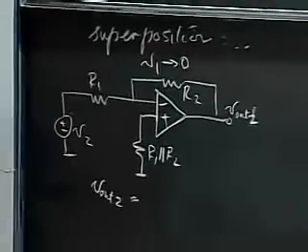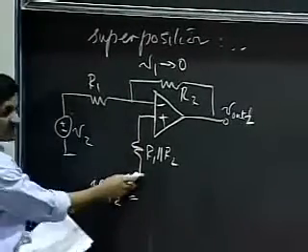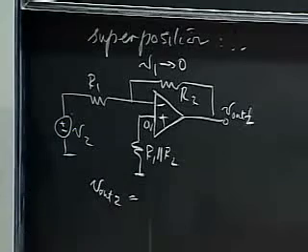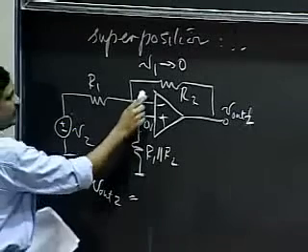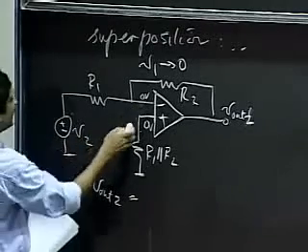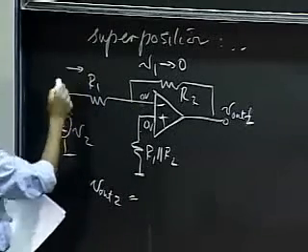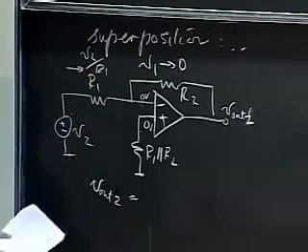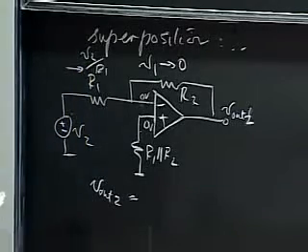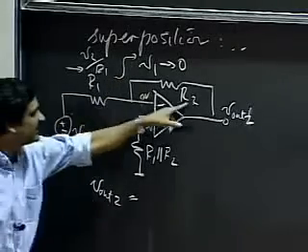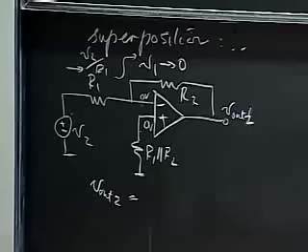V out 2 is simply given by, notice that since this is ground, no current flows here, so this voltage is 0. If this voltage is 0, this voltage is 0 by the V plus equals V minus method. If this is 0, the current that goes through here is V2 divided by R1. And that same current must flow through the resistance R2 as well.